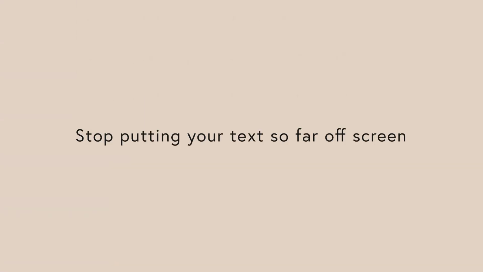And finally, this is a small logistical thing. Stop putting text in the areas where it gets blocked off by your caption, by the buttons on the side that people use to like, or it gets cropped off when you put it on Instagram. So make sure that your text is fully visible. It doesn't have to be ginormous. It doesn't have to take a lot of real estate on your screen.